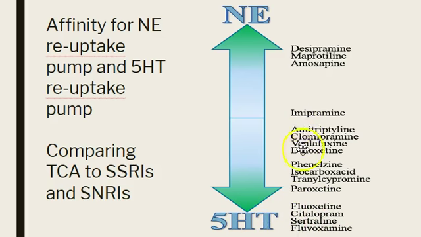And the bulk of our TCAs and tetra and tri and unicyclic TCAs fall in this realm of this continuum. So we can compare the TCAs to both SSRIs and SNRIs, at least when we look at their varying affinities for either of these 2 neurotransmitters.